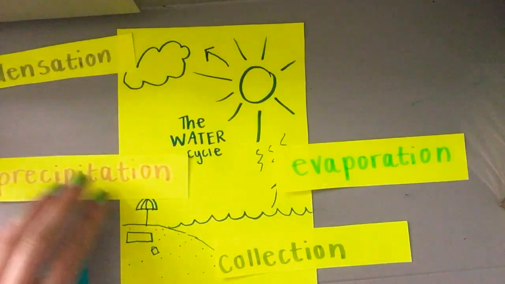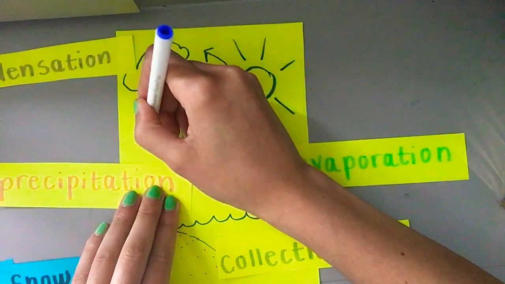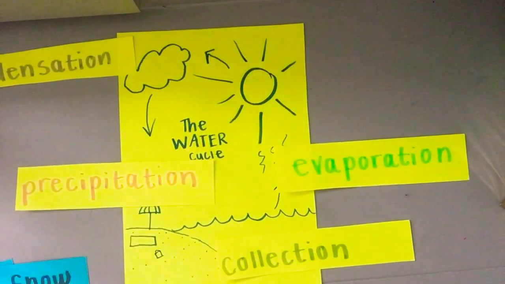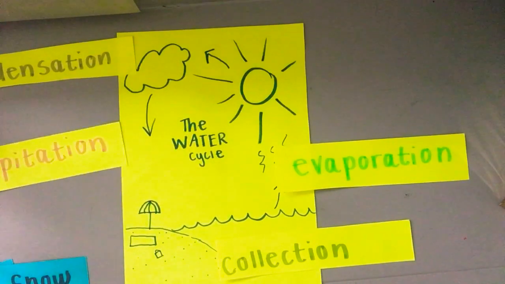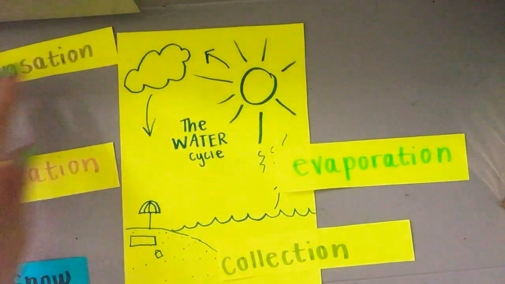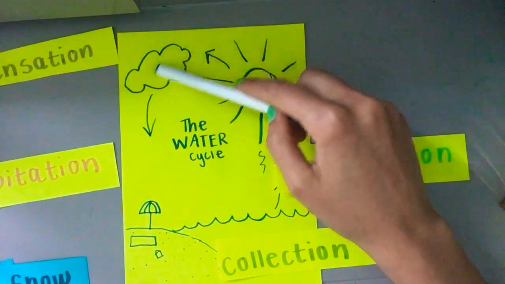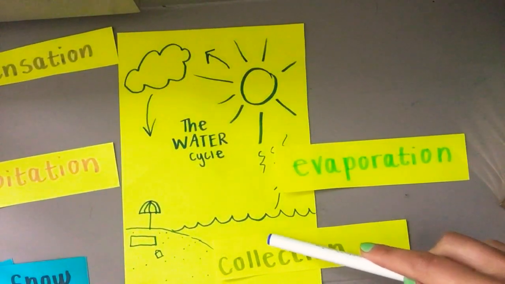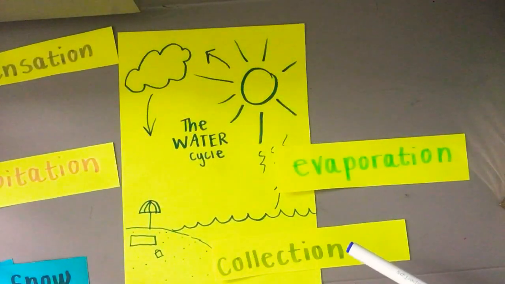Eventually clouds become so full of water that they spill out onto the ground in some kind of precipitation: rain, sleet, snow, hail. And then after the water comes out of the sky, it, you guessed it, collects again, and so the cycle goes on and on. This is the water cycle.